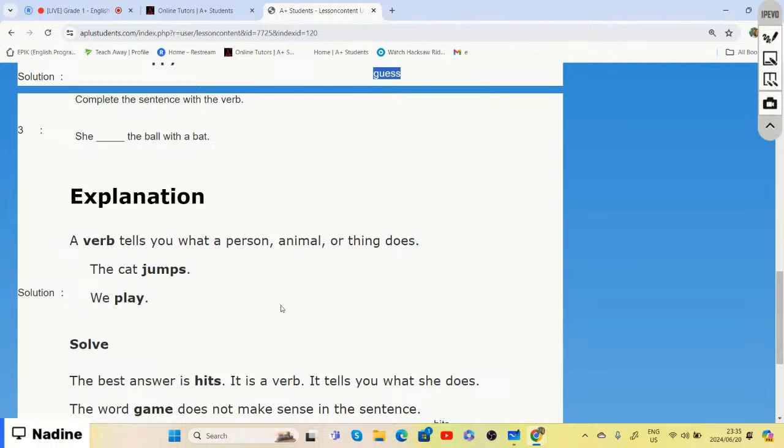And then we have the last one that says she the ball with a bat. What did she do with the ball? She the ball with a bat.